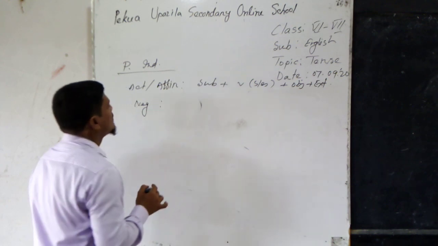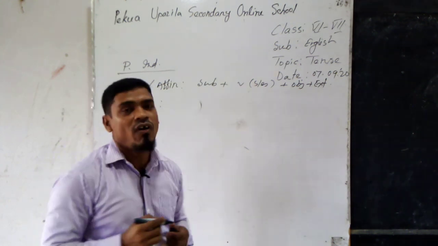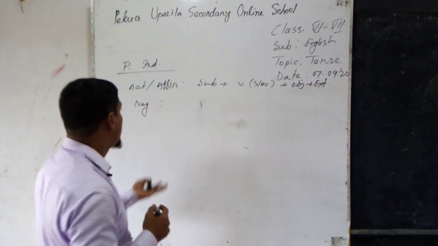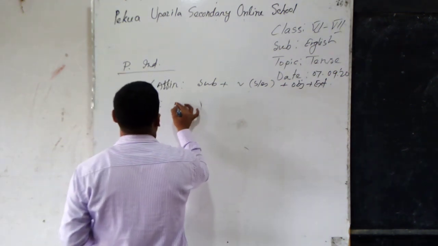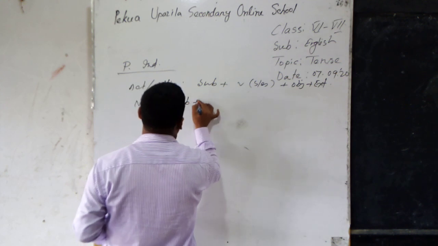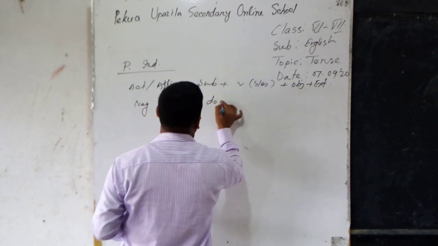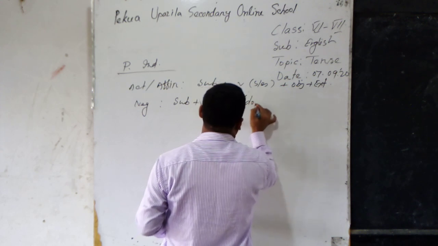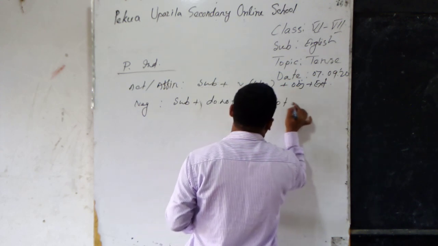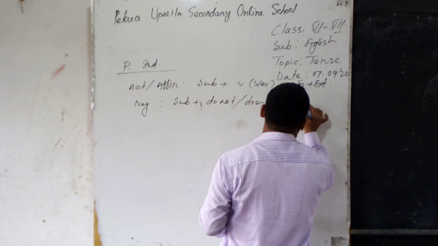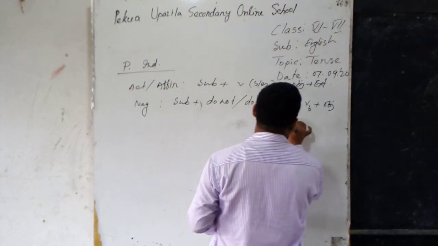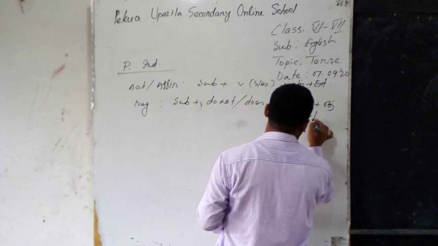Negative form. What is the negative form of present indefinite? Let's see. Subject plus don't or do not or does not, then verb base form plus object plus extension.